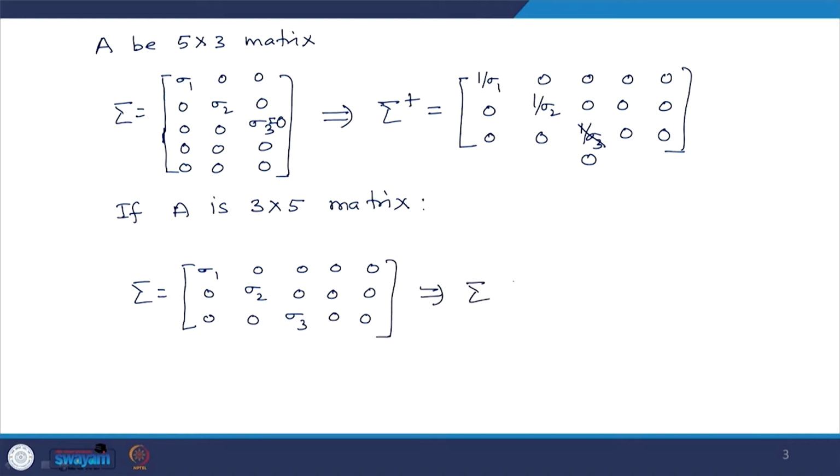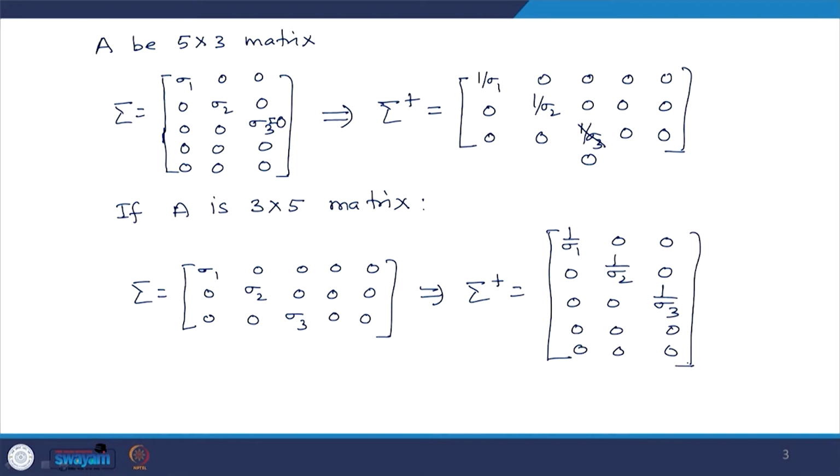In this case, the pseudo inverse of sigma will be something like this: 1 upon sigma 1, 0, 0; 0, 1 upon sigma 2, 0; 0, 0, 1 upon sigma 3; and then rows of zeros.